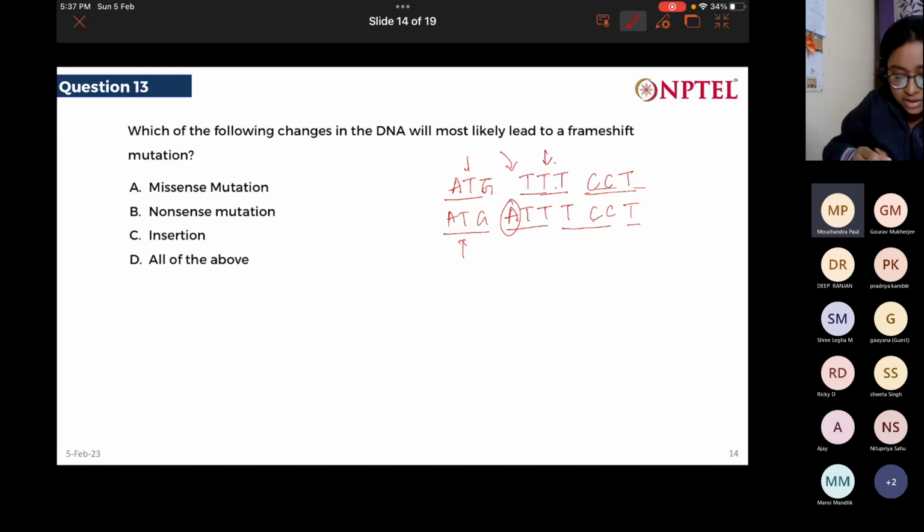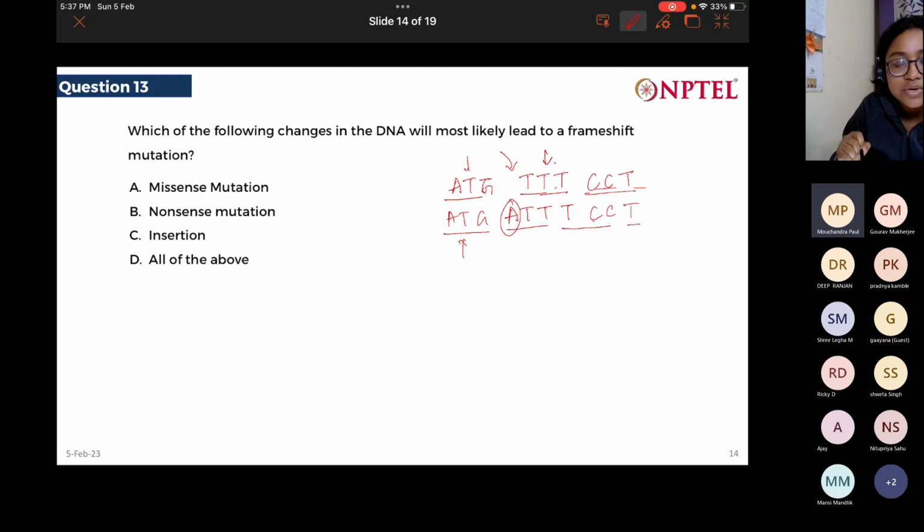So here the question is, which one of these mutations, missense mutation, nonsense mutation, or insertion, or all of these, will lead to this frame shift, meaning the way I'm reading the sequence is being changed?